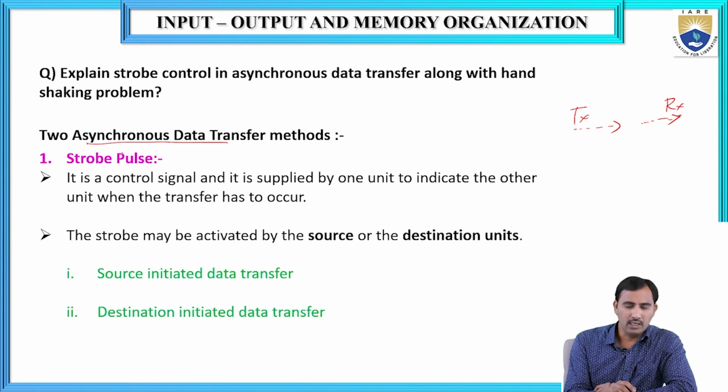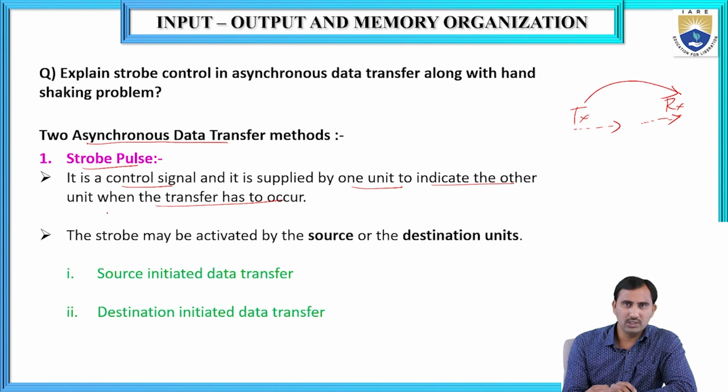Okay, so in asynchronous data transfer, we can transfer the data from the transmitter to the receiver using a strobe pulse. So, what is a strobe pulse? A strobe pulse is a control signal supplied by one unit to indicate to the other unit when the transfer has to occur.